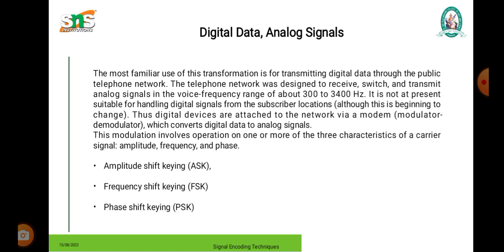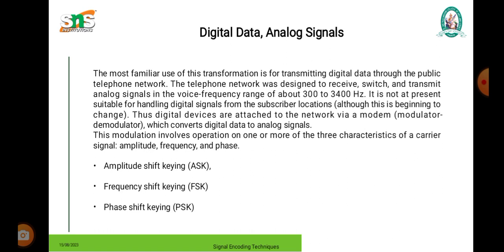The second type is digital data, analog signal. The most familiar use of this transformation is for transmitting digital data through a public telephone network. The public telephone network was designed to receive, switch, and transmit analog signals in the voice frequency range, so it is not suitable for handling digital signals from the subscriber location.